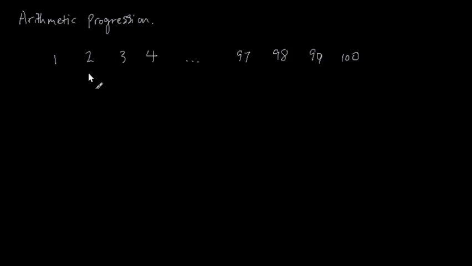Now let's think about how we can add up all the numbers in this example. So let's say I want to add 1 to 2, 2 to 3, 3 to 4, and so on. I want to add the whole lot up until 100. Of course, I can add them one by one.